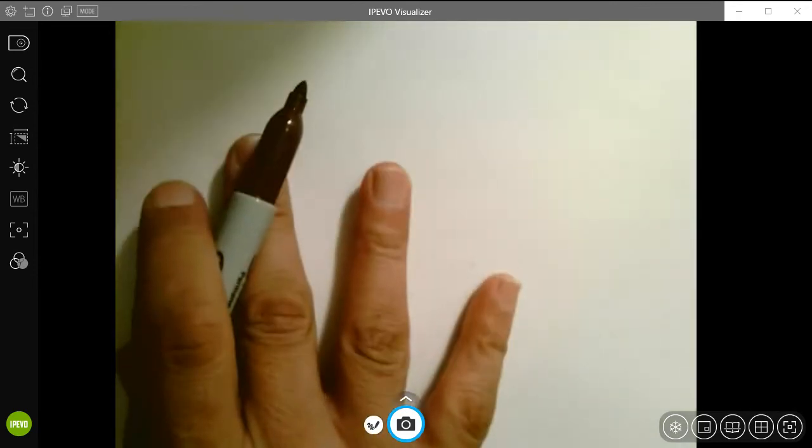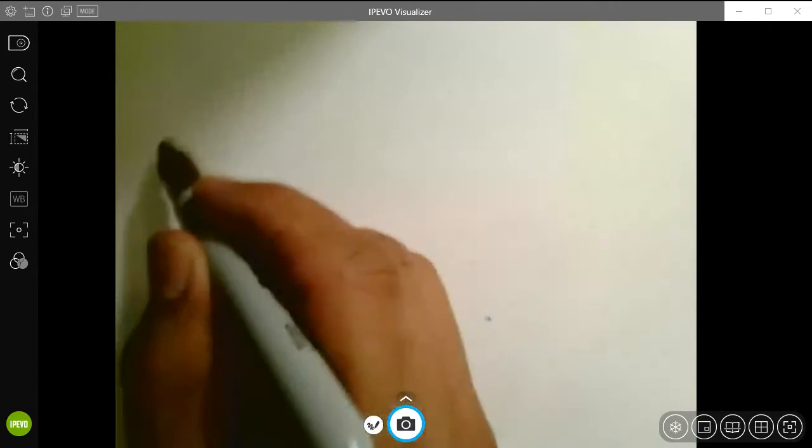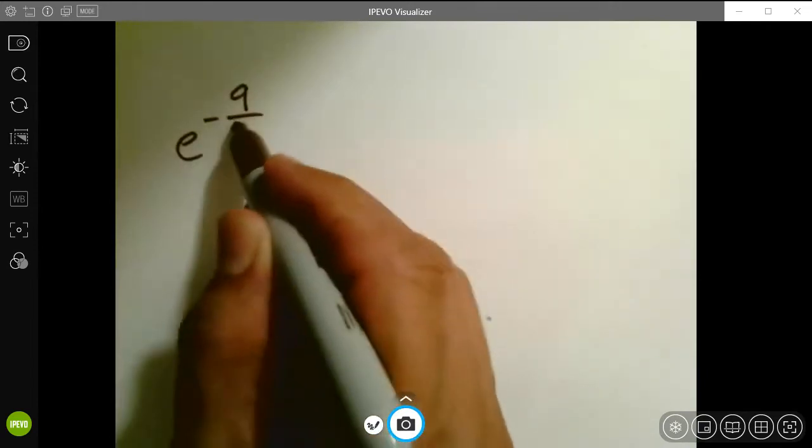Okay, let's move on. All right, so again, another substitution. They give you, find the derivative of this function, exponential of minus 9 over t squared.